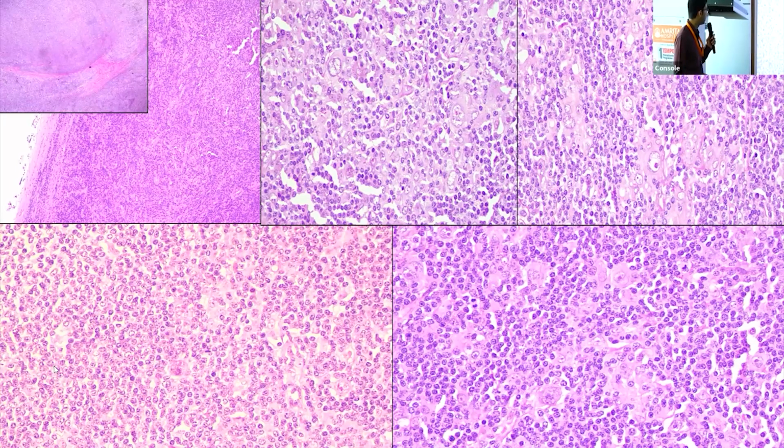So here also we can see these are large cells. Some of them have convoluted nuclei. So we can see that there is effacement of the lymph node architecture, and there is interspersed a good number of these large cells. So what are these large cells? These are characteristic HRS cells.